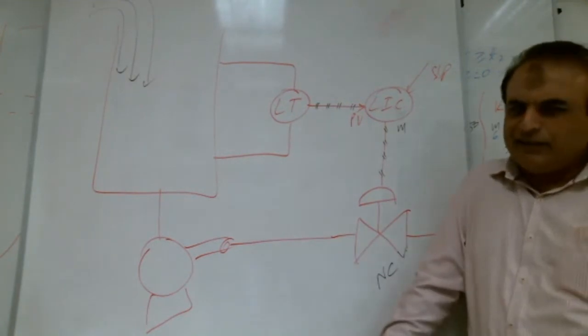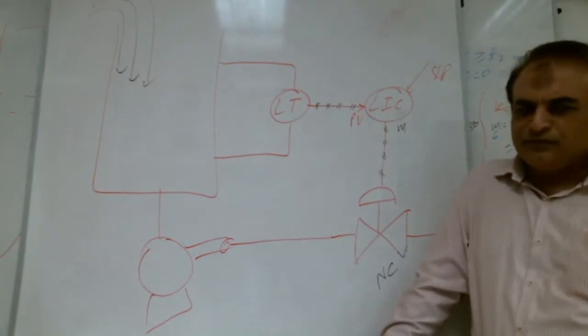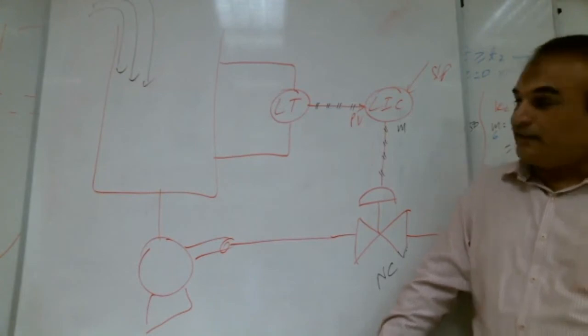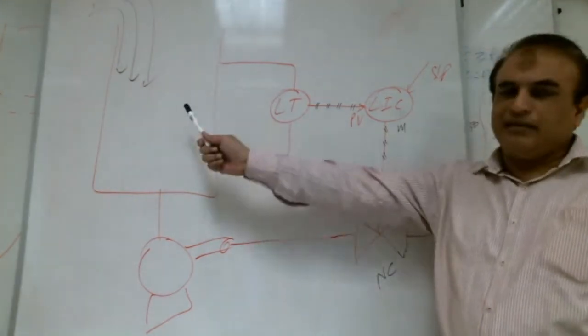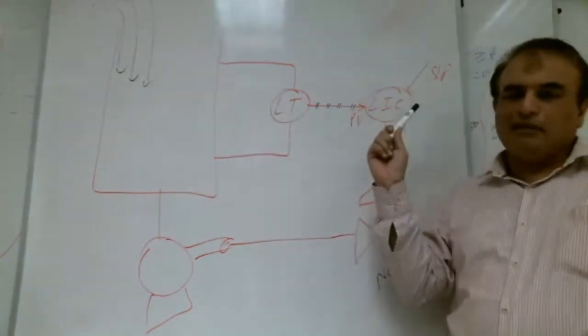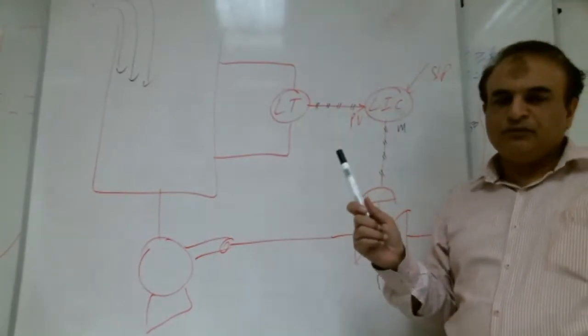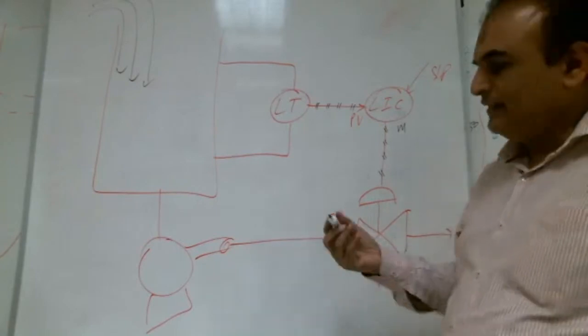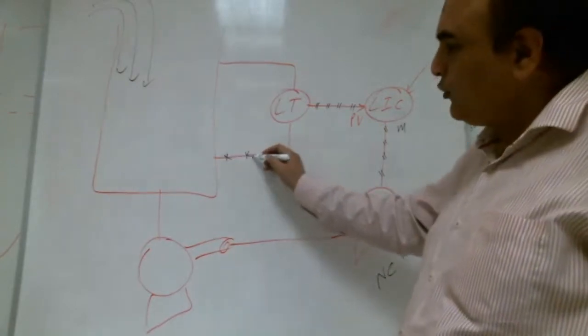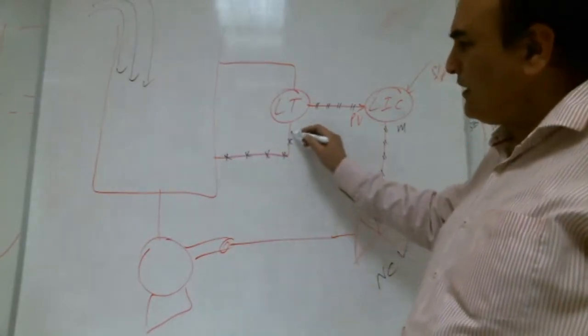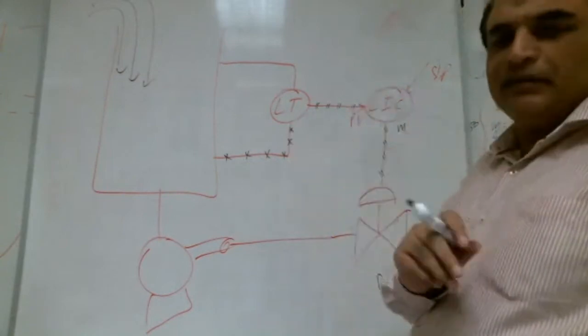Now tell me, is it direct or indirect? Indirect. It is measuring differential pressure, but it is telling level. So it is indirect. Shabab with me? Yes. And this is a capillary tube, very thin brass tubing.